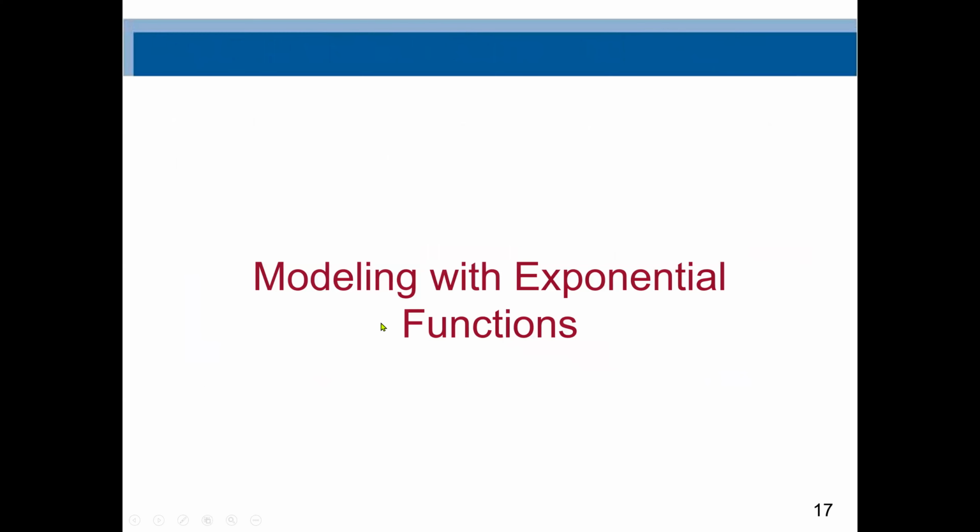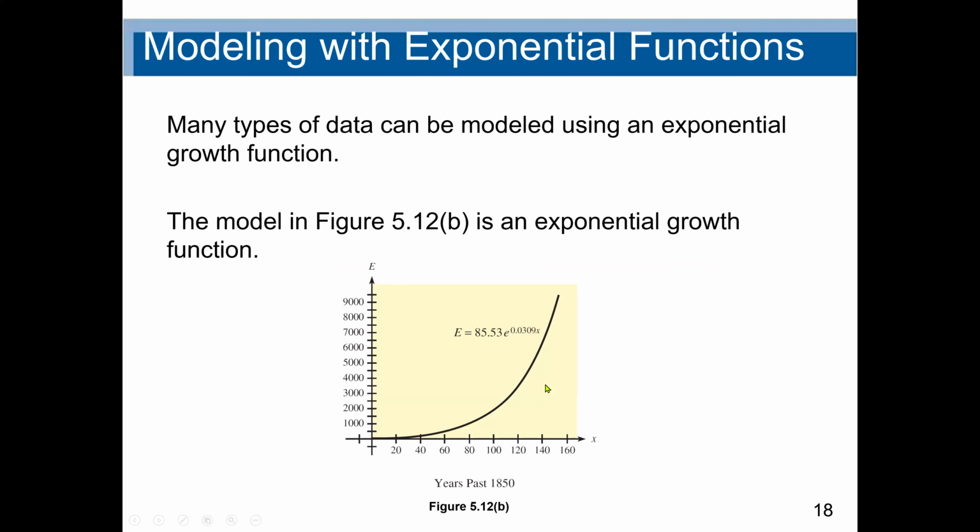So let's go next to how we can model with exponential functions. Many types of data can be modeled using the exponential growth function. And the model here, we have an exponential growth function, as we can see the graph increasing. This will be years passed from 1850.